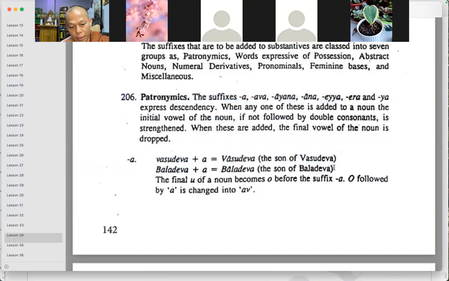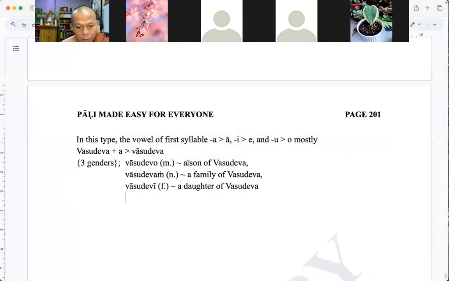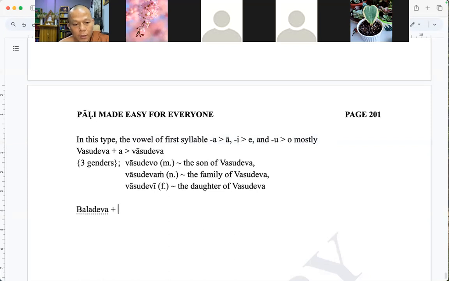The son of Baladeva, and then next one is Baladeva with ī added. Based on their gender, it may be the son of Baladeva, the family of Baladeva, the daughter of Baladeva. In this way it can be understood.